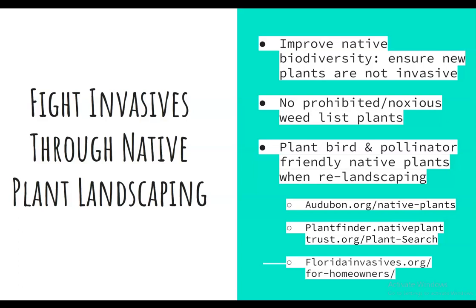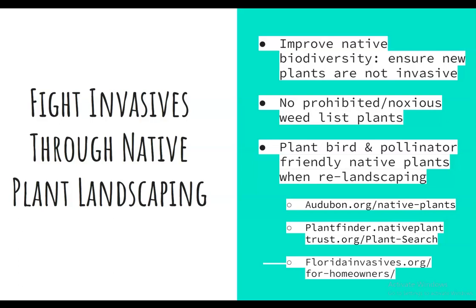Some main things you can do in re-landscaping is to make sure the plants you choose are not invasive to your region, and absolutely make sure they are not prohibited or on the noxious weed list. When choosing new plants, it's ideal and can be a joy to find native plants that attract local birds and pollinators. Your backyard can transform into a beautiful, lively place you'll get more enjoyment out of, and you'll also be helping maintain our local ecosystems.